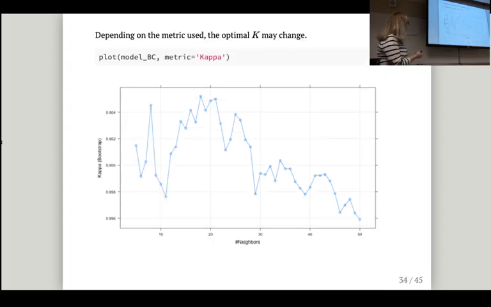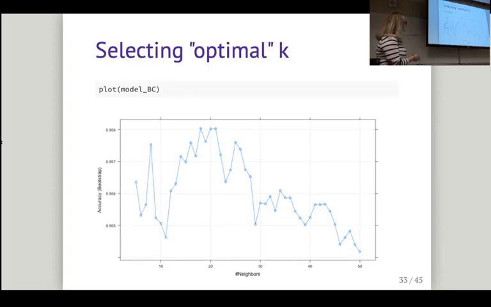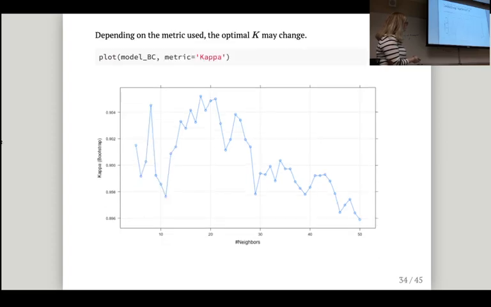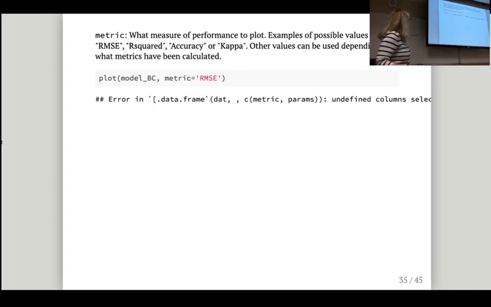If we allow kappa, that improvement from chance, to be the metric, we still get 18 as our optimal choice, but the pattern can change a little bit. So depending on which metric we use, we might have a different optimal K from one to the other.